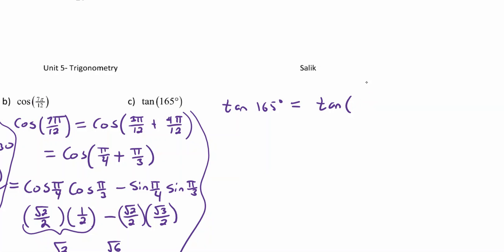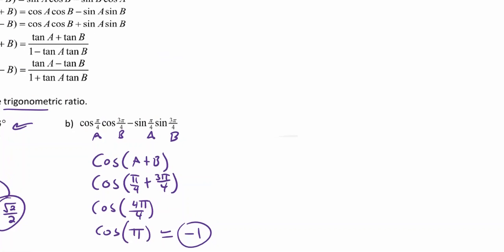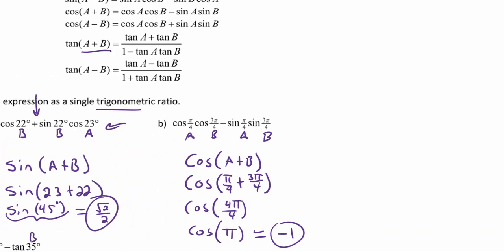So let's do this one for tan. So we'll do 45 degrees plus, and let's do 120 degrees. Okay, so then that one, I've got tan, and I'm adding this time, right? So I just have to make sure I'm using the right one. So we're using the one where we're adding.